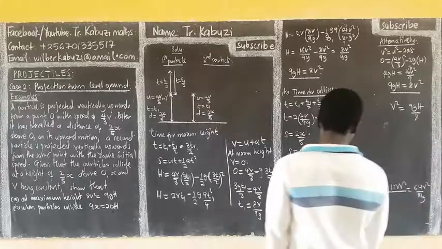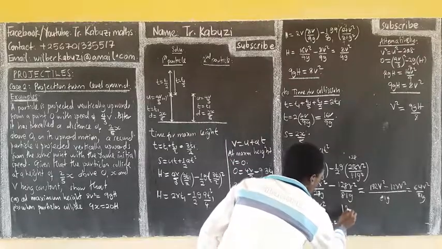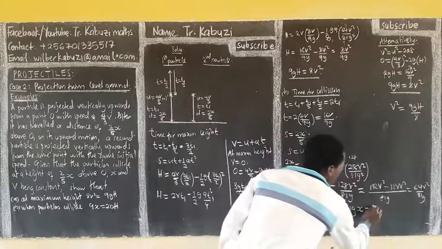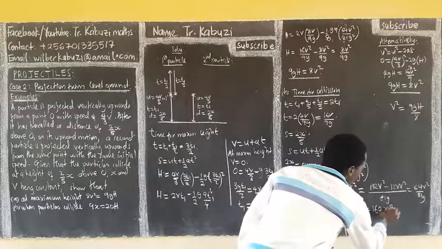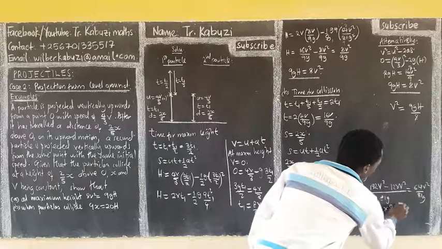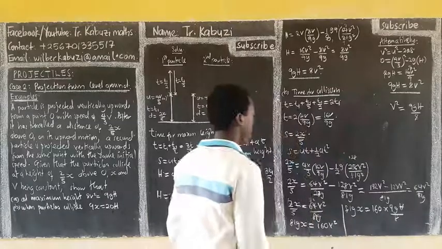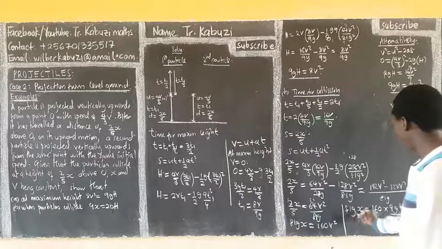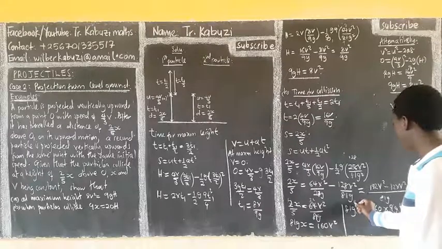So if I come and remove it here, 81 gx is going to be 160 times 9dh the whole over 8. I think we can see this d is going down, then this 9 will go in here 9 times.